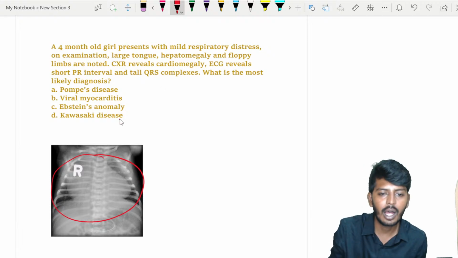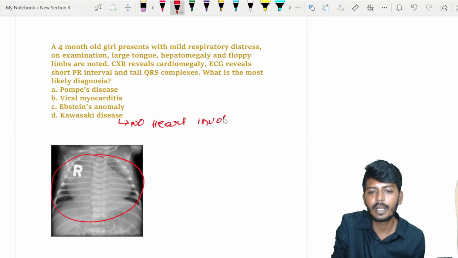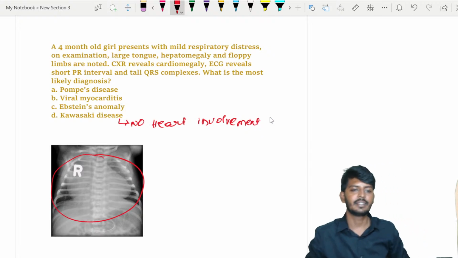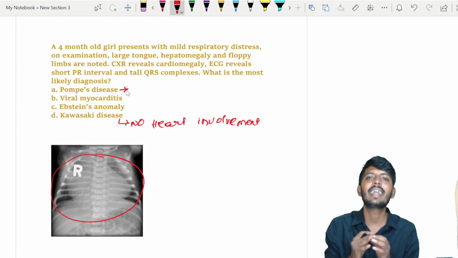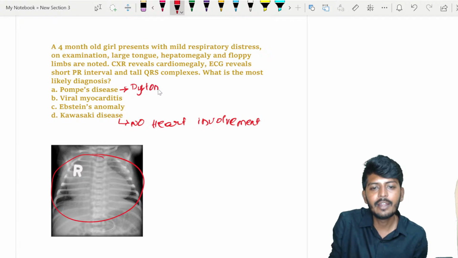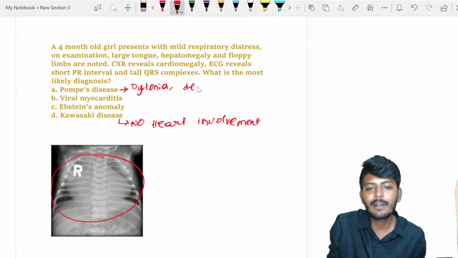Kawasaki disease, no heart involvement. Kawasaki usually has no heart involvement, so we are ruling out Kawasaki disease. Pompe's disease is a type of storage disease in which hypotonia will be there, and it is due to deficiency of an enzyme.